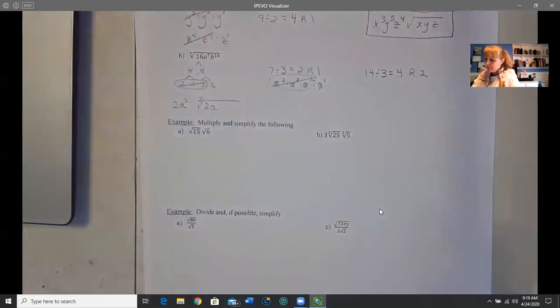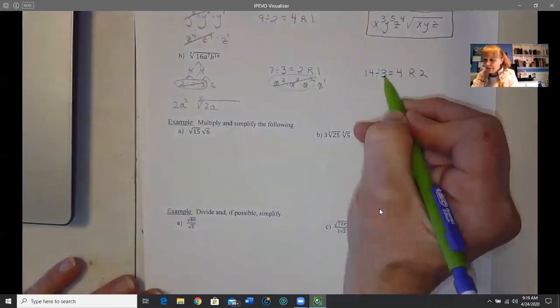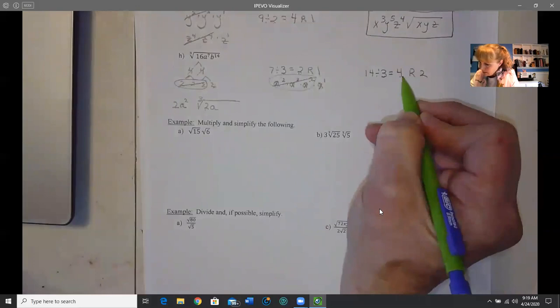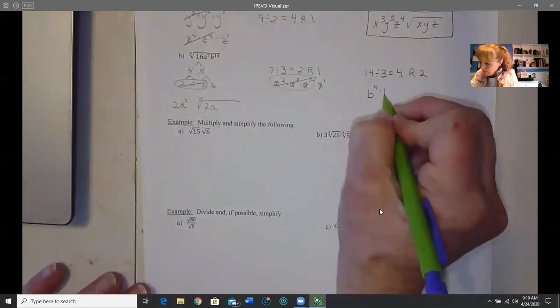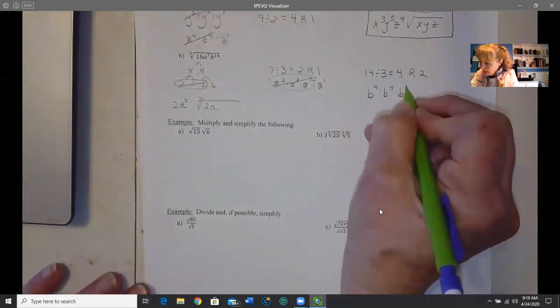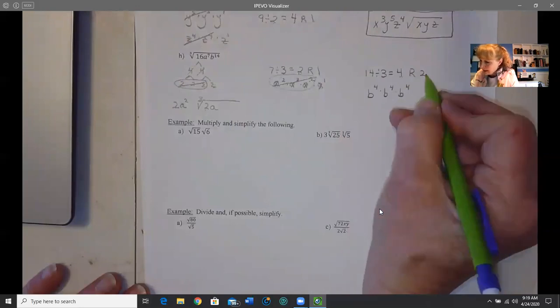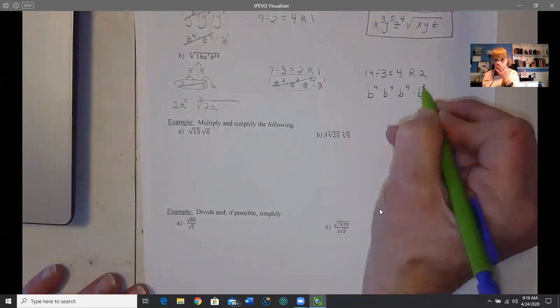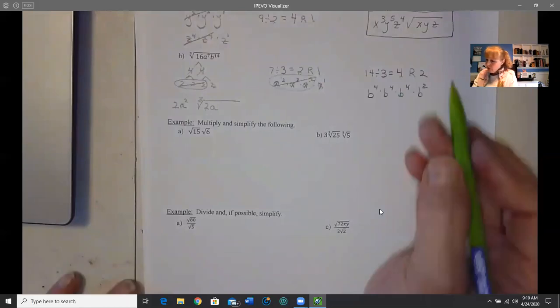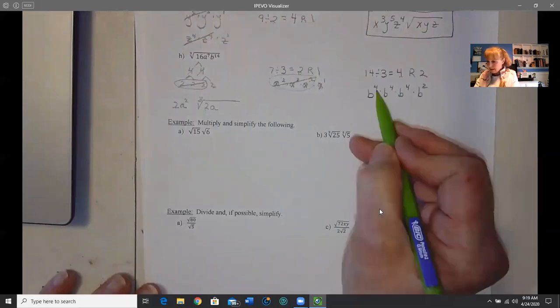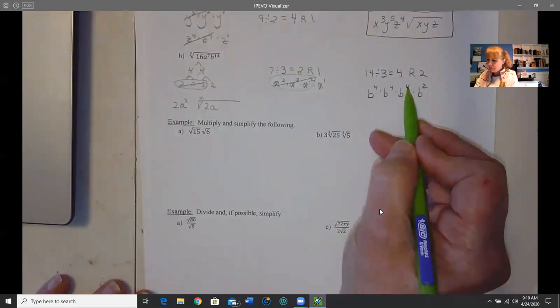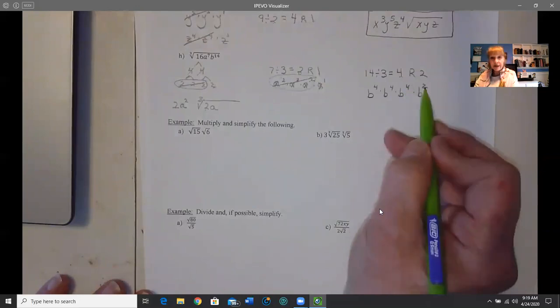So this tells me I have 3 groups of b to the 4th, b to the 4th, b to the 4th, and I have 1 b to the 2nd. Check it. 4 plus 4 is 8, plus 4 is 12, plus 2 is 14.